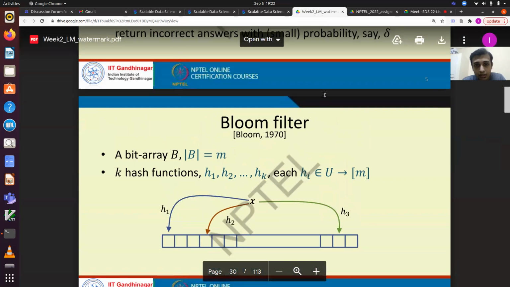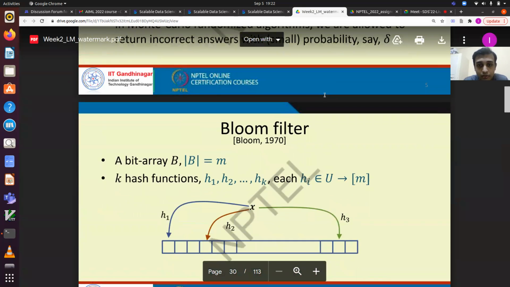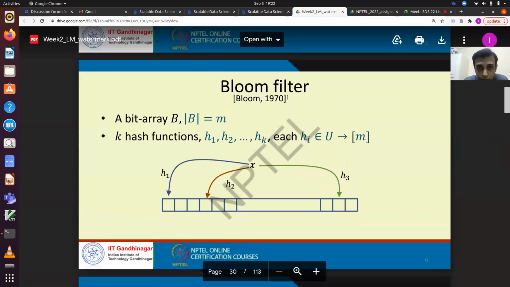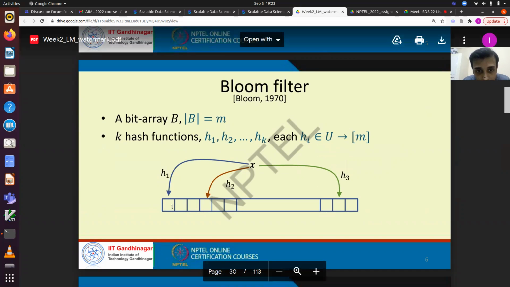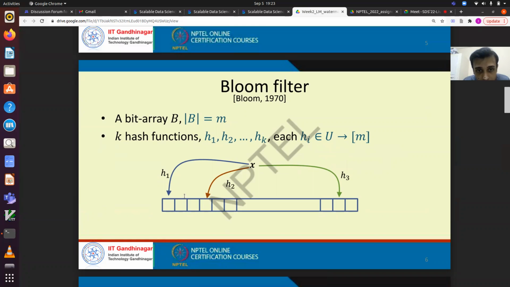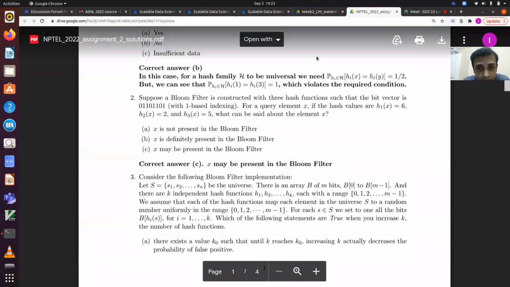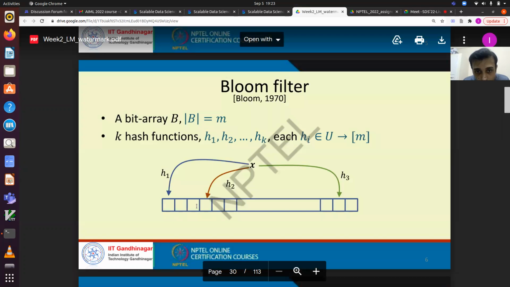So here's the hash code. You have this input x, and you have H1, H2 and H3, like in the example. H1 is mapping to a position, H2 is mapping to a position, H3 is mapping to a position. So when you are telling that H1 is equal to 6, that means it's mapping to the position 6.